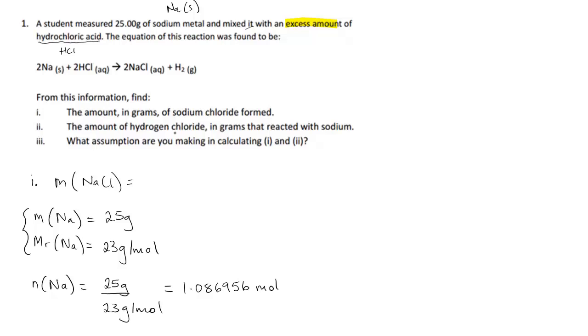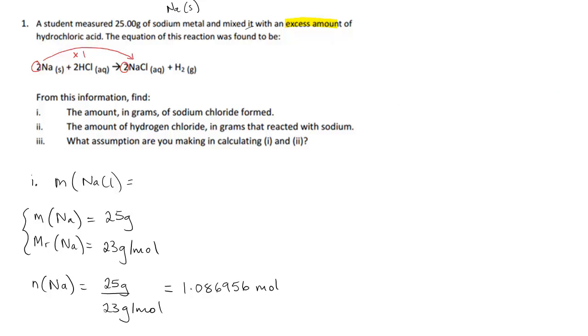Then we have to find the amount of sodium chloride. This is where we have to start thinking about our stoichiometry. I'm going to compare the mole of sodium with the mole of sodium chloride. You can see from the ratios that there's the same mole of sodium chloride as there is of sodium, so we just times it by 1.